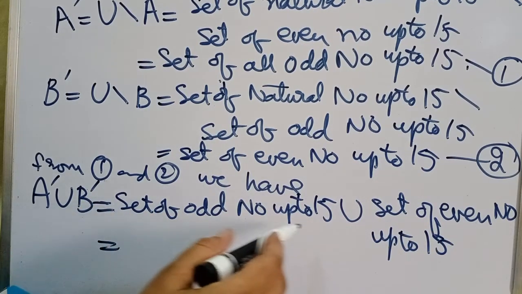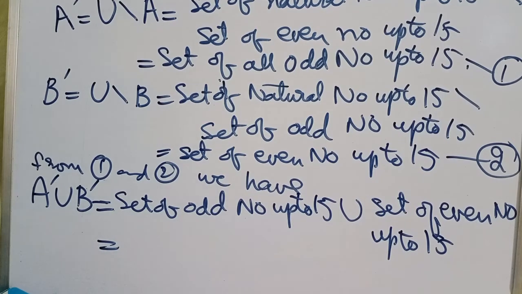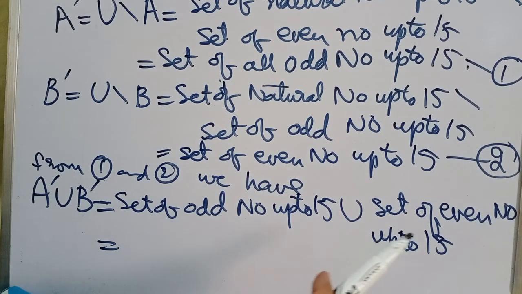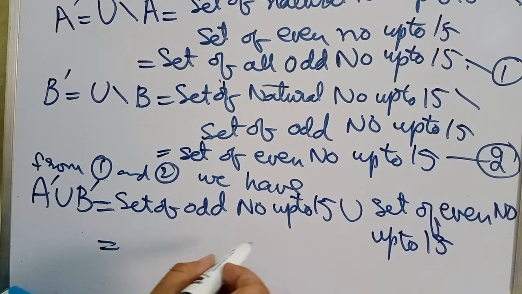We know that union is the combination or collection of both sets, where common elements occur only once. If both sets contain the same element, we write it in this set only once. So odd numbers union even numbers means set of natural numbers up to 15.